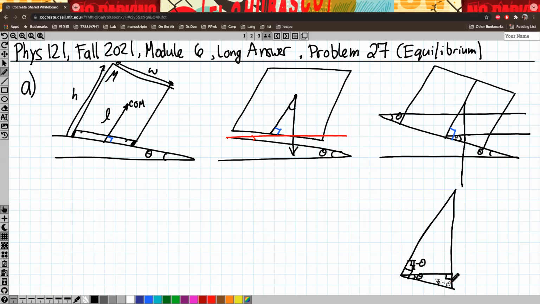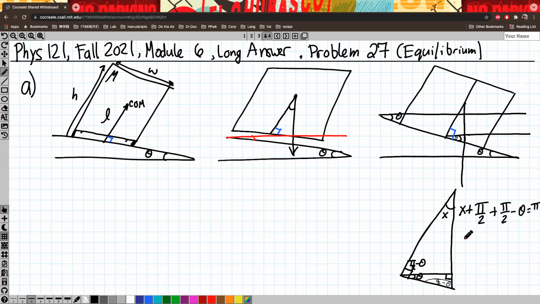Okay. So if we have 2 out of 3 angles of the right angle triangle we're trying to find, that means we have pi minus pi over 2 minus theta. Oh, wait, no, sorry.